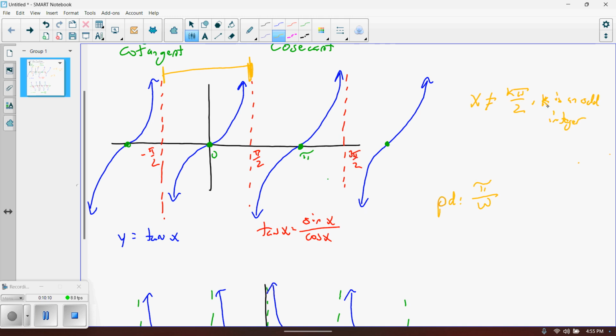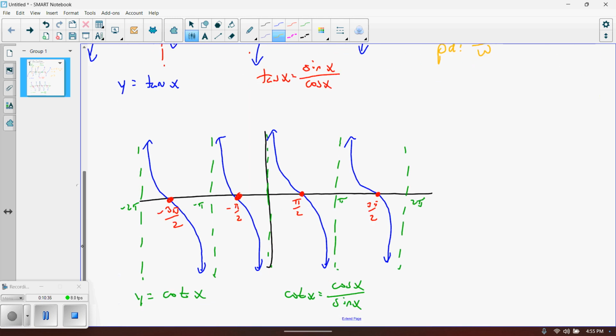Okay, it's a strange way of having to write your domain, but that's how you would write the domain. We'll do the same thing for cotangent in a second. The range here, this is domain, the range is all real numbers, because tangent and cotangent go on forever up and down. So the range, and if you've never seen this before, that's the shorthand for all real numbers. That's negative infinity to infinity.